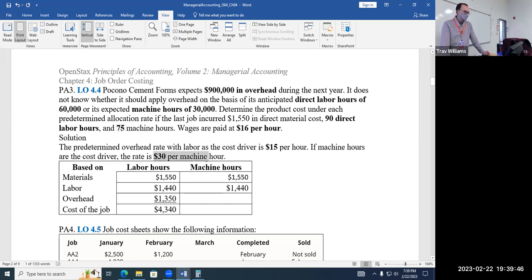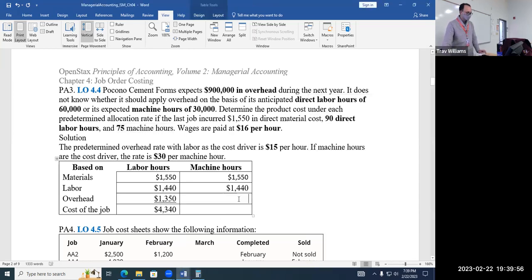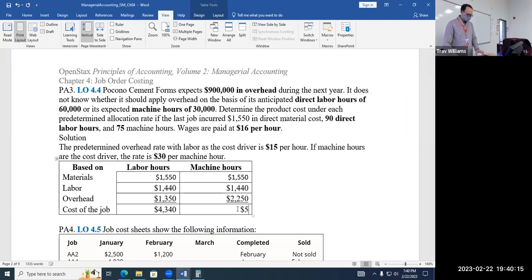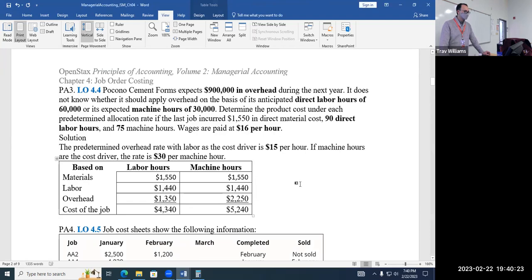Yep, $30 per machine hour times 75 machine hours. 30 times 75, we get 2,250. That's quite a bit more than if we had based it on direct labor hours. Yeah, almost double. So let's go ahead and add that all up, get a total cost for that product. Let's check my calculations. Okay, came out right this time.